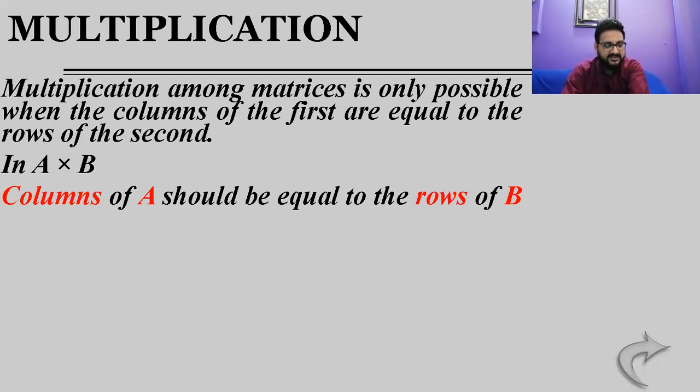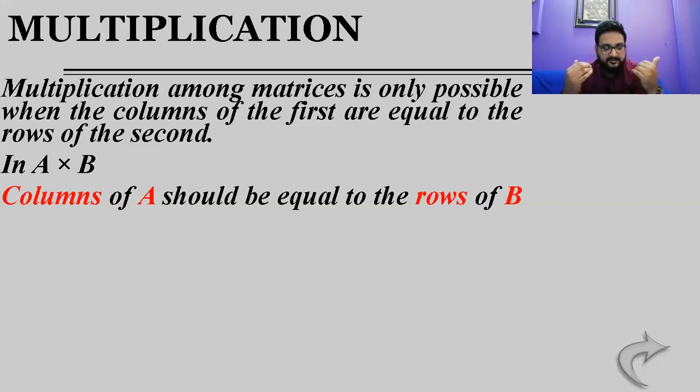You can see here it is clearly said that the columns of matrix A should be equal to the rows of matrix B. A lot of students may be confused, but the rule is columns of A and rows of B.